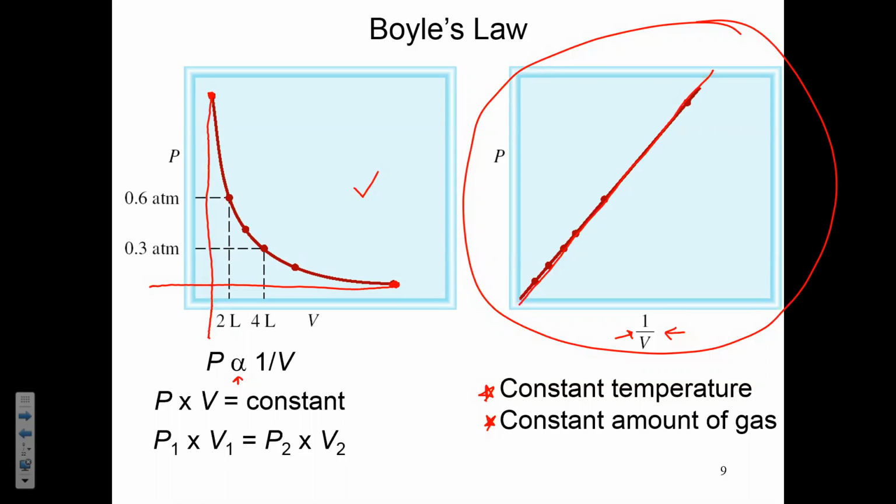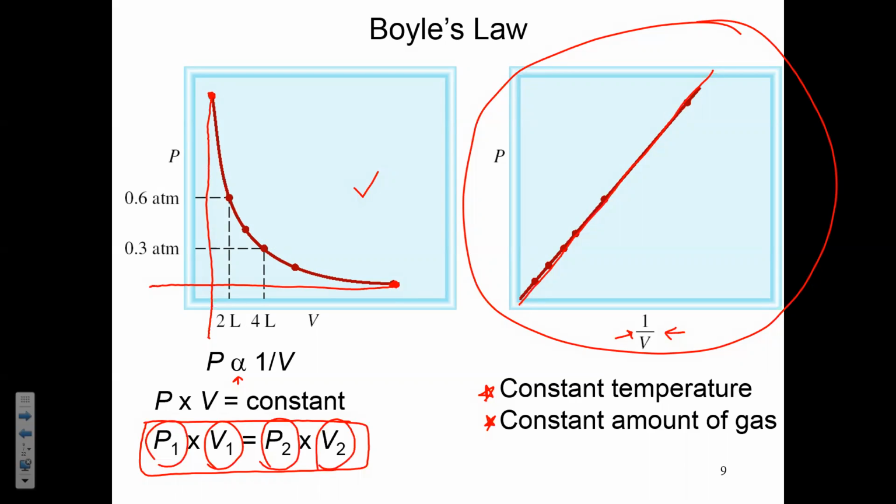Okay, so now with this, we get our first equation. Pressure and volume are going to be put into this equation, where we take our first pressure times our first volume, which equals our second pressure times our second volume.